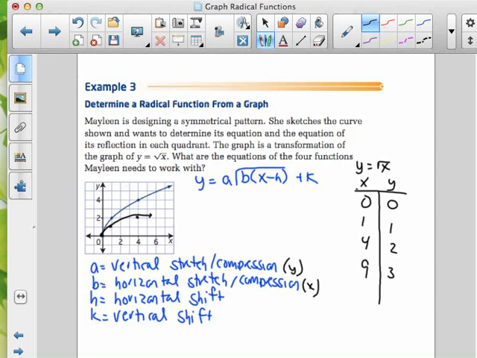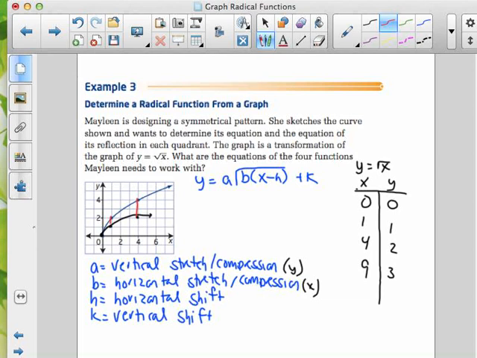First thing I noticed, though, is look at your x values. Your x values are still lined up with the parent function, right? Those points aren't any farther to the origin. They're not any closer to the origin. They're lined up exactly where they were before. So the horizontal stretching and compression is your b, and there's no change in that, right?